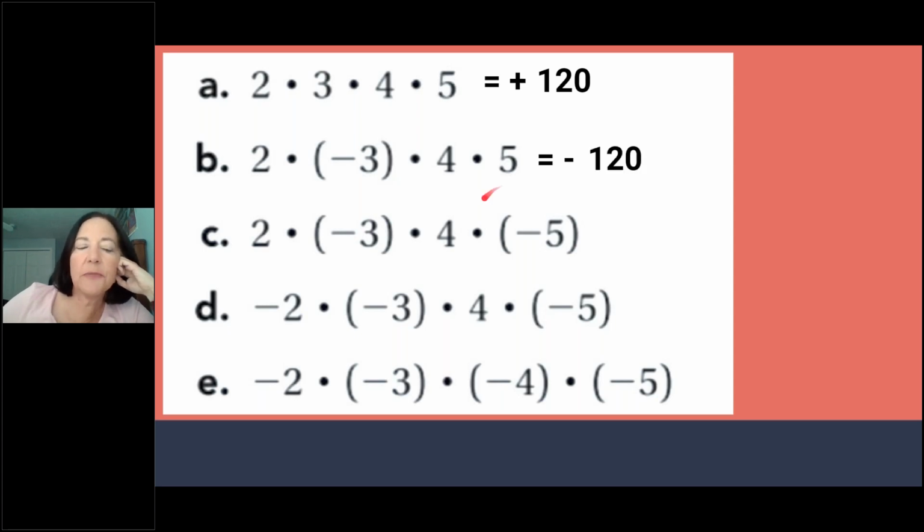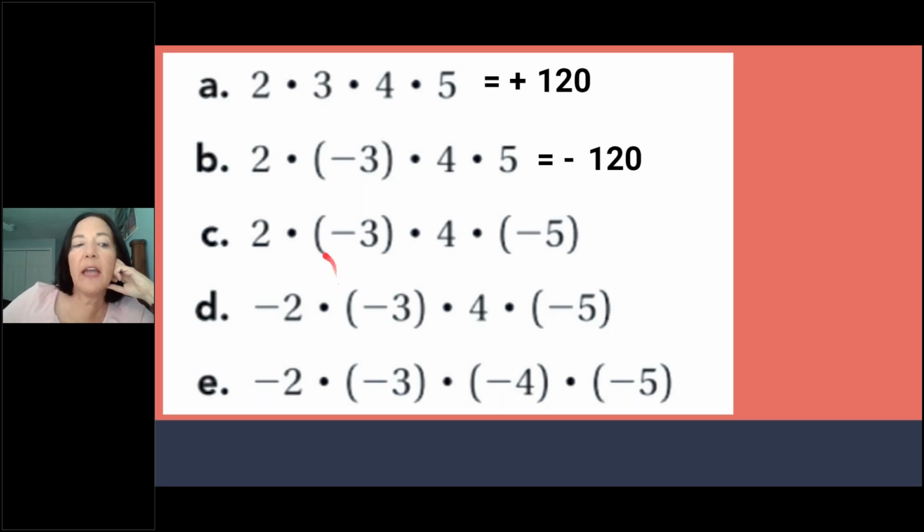Let's try C. That one says positive 2 times negative 3 times positive 4 times negative 5. Will that one be a positive or a negative answer? A negative. Well, how many negative signs did we have in that problem? 1.